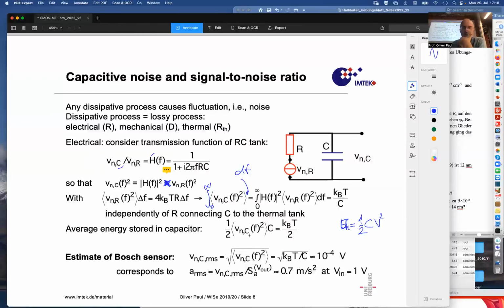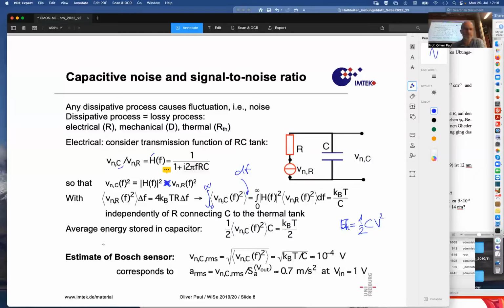Well, here's your V square, here's your C, here's the 1/2, and out comes kBT over 2. That's what we know from the equipartition theorem that says that every degree of freedom of a system is fed with kBT half of potential energy. That's the potential energy in this system.